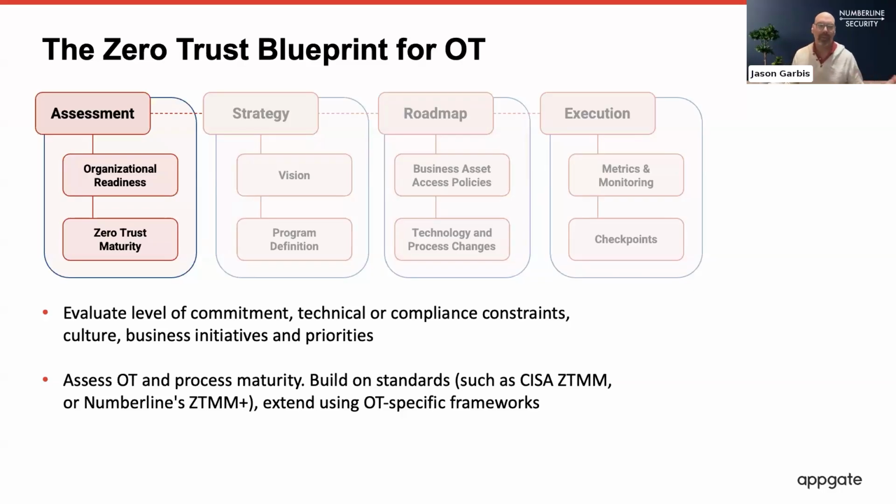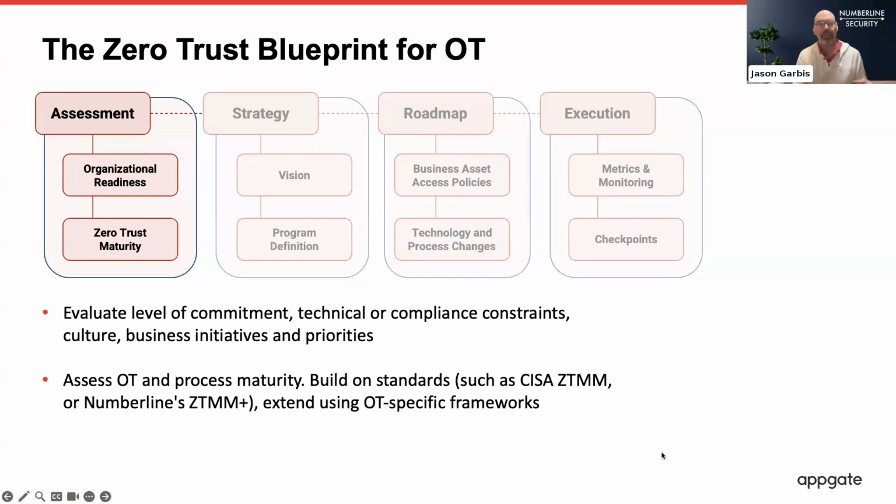The second part of the assessment is a zero trust maturity assessment. And this is an area where we built on and extended the CISA zero trust maturity model. And when you're applying it to an OT environment, of course, you have to look specifically at slightly different sets of capabilities and slightly different maturity pathways, because you're dealing with different technology, and in some ways, very often a very significantly different technology environment for an OT world.